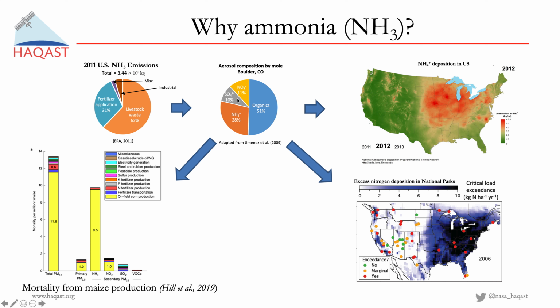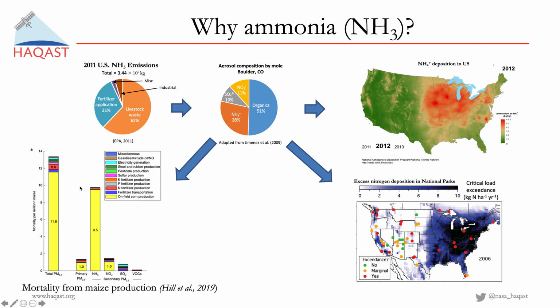So once you make these ammoniated aerosols, they can then go on and dry deposit and wet deposit nitrogen, for example, in federal Class 1 areas such as national parks, where we see exceedances of nitrogen deposition above and beyond what ecosystems can tolerate. It can also create particles which have implications for human health through PM 2.5 formation.